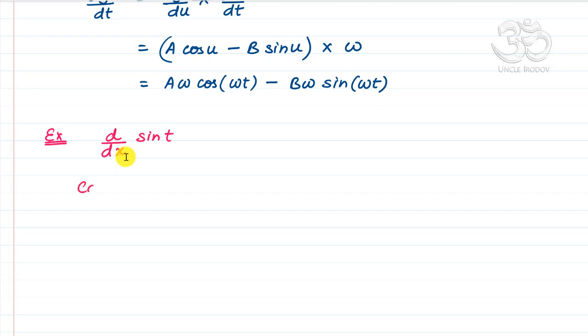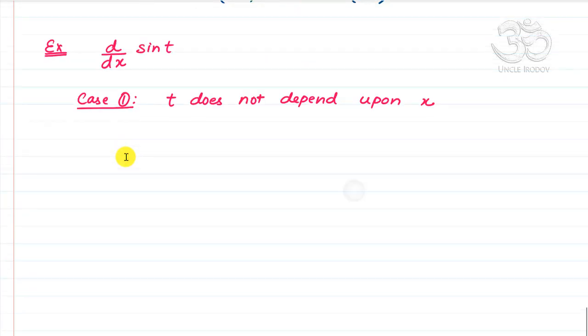There are only two things that can happen. Case 1, t does not depend upon x. Case 2, t depends upon x in some manner. Is there anything else possible?